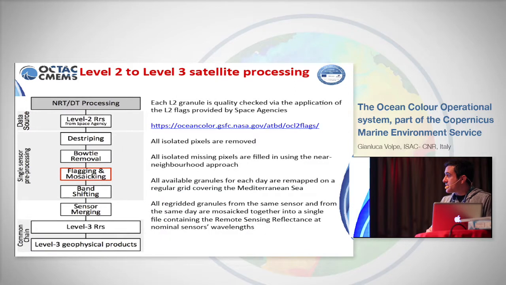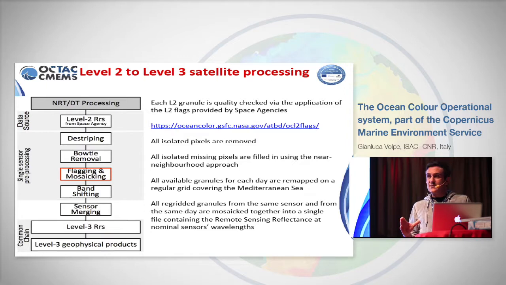An important point, perhaps the most important within the single sensor preprocessing, is the flagging system. Each level 2 granule is quality checked via the application of level 2 flags, which are output together with the level 2 files from the space agencies.